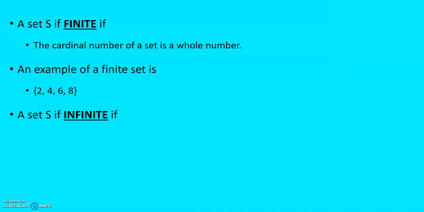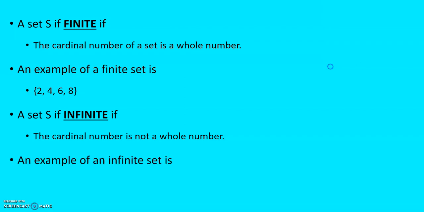A set is infinite if the cardinal number of the set is not a whole number. An example of an infinite set would be the real numbers, or the integers, or the irrational numbers. All of those sets are infinite sets.